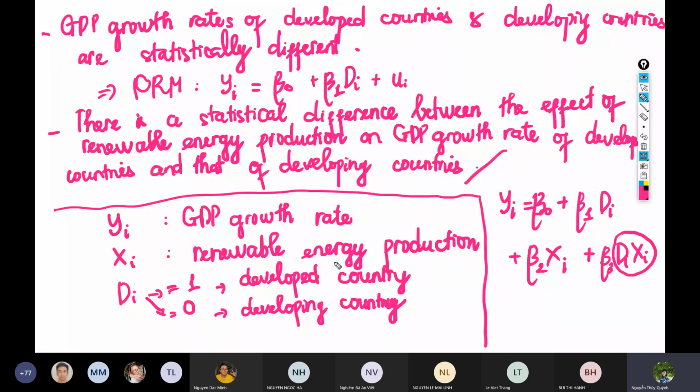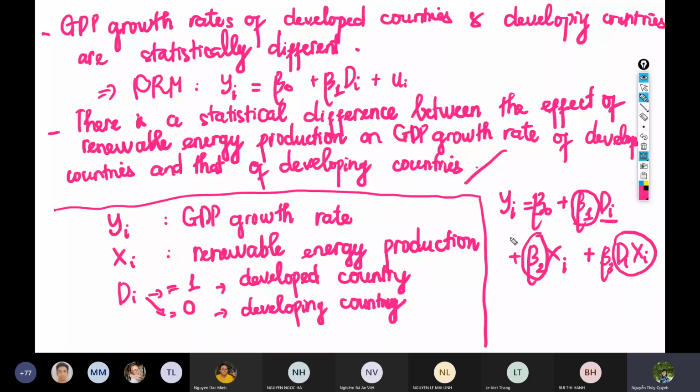Beta 1 will help us to test the effect of D, the type of countries, on Y. This one will help us to test for the effect of renewable energy production on GDP growth rate.